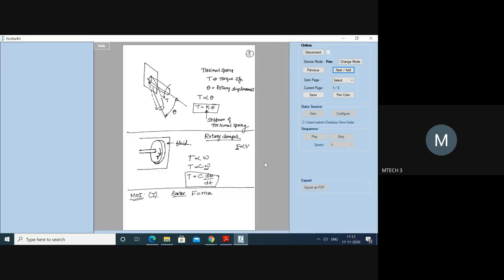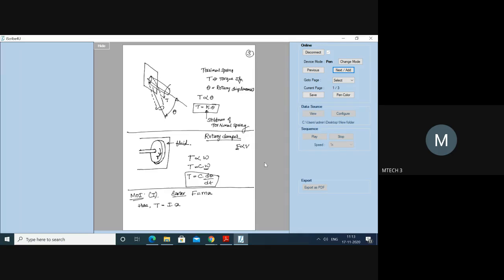Here the moment of inertia has the property that the greater the value, the more torque is required to get the angular acceleration. So T will be equal to I into A.